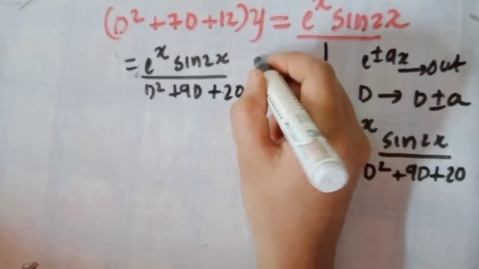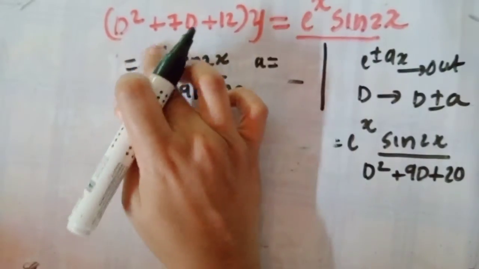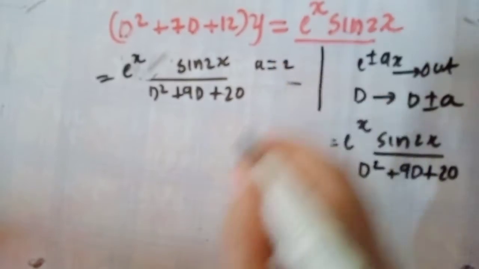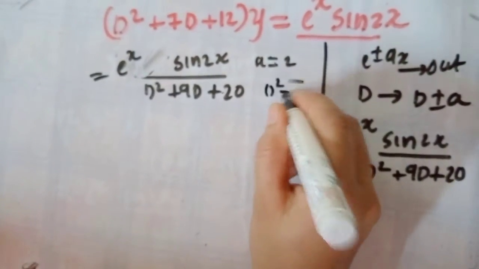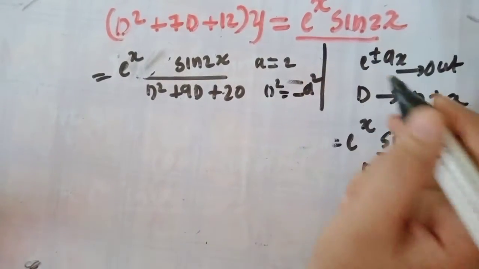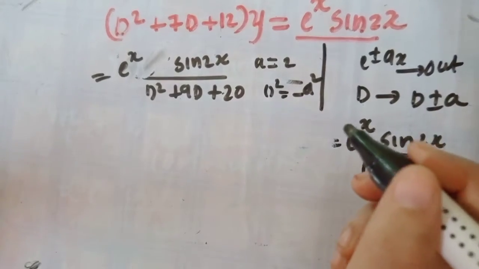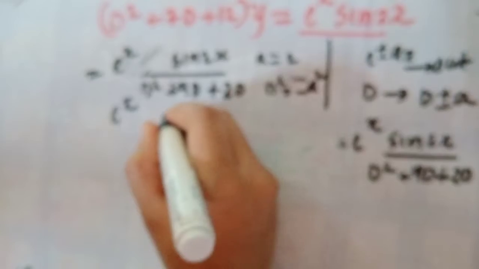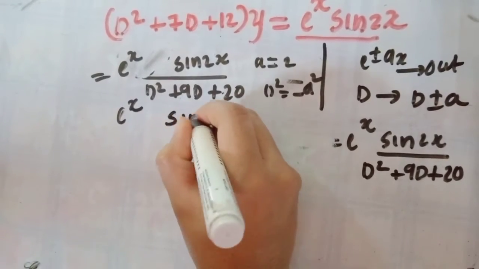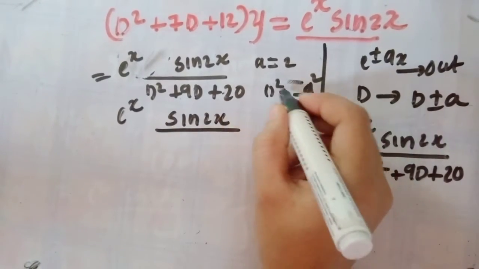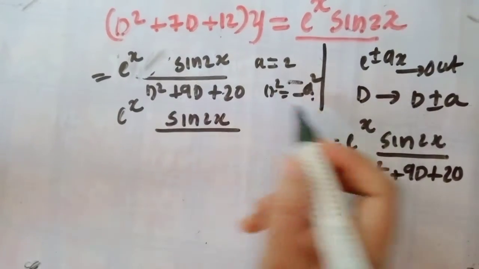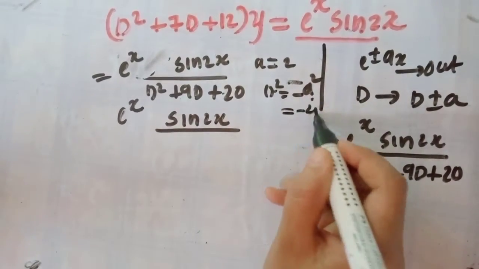It is of the sine ax form, in which a is 2, so D square is replaced with minus a square, that is minus 4.